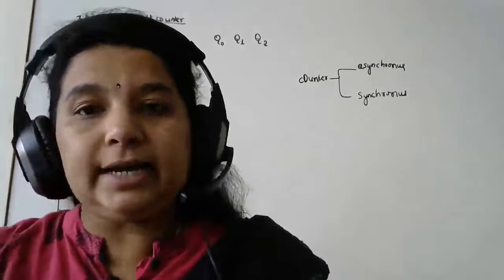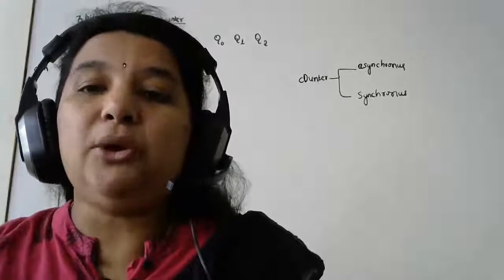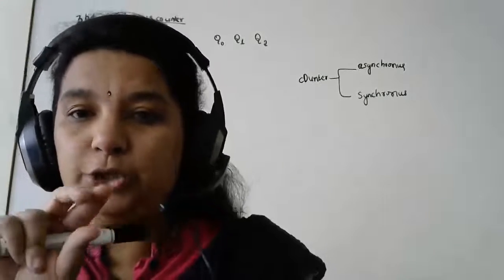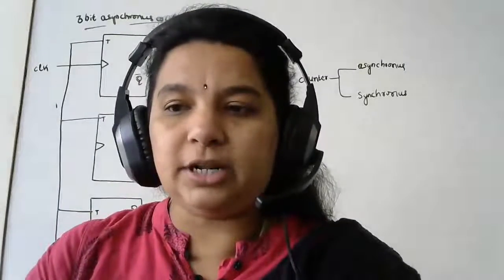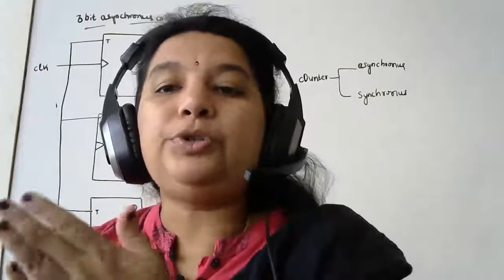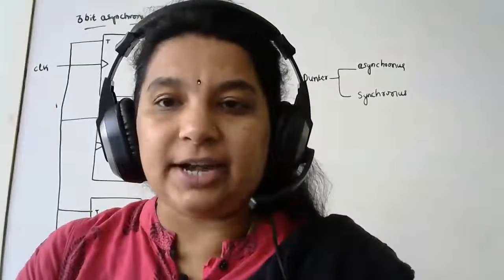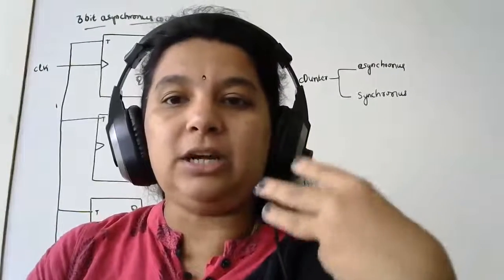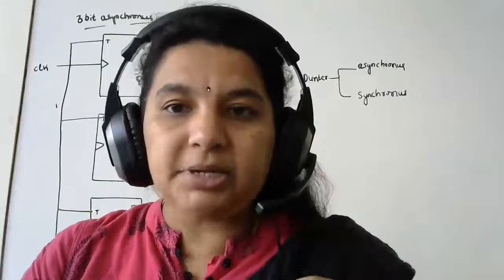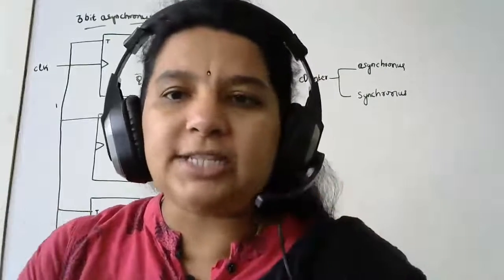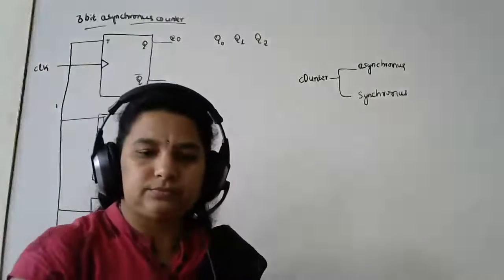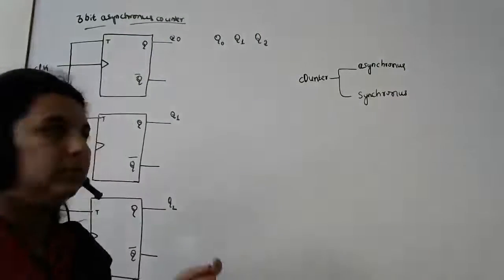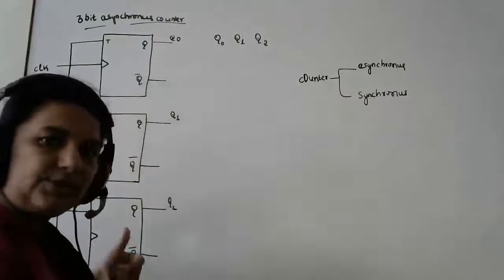Now, these 3 flip-flops together give me how many unique states? What do you mean by state? The outputs I'm going to get, I call a state, right? For a 3-bit counter, how many states?